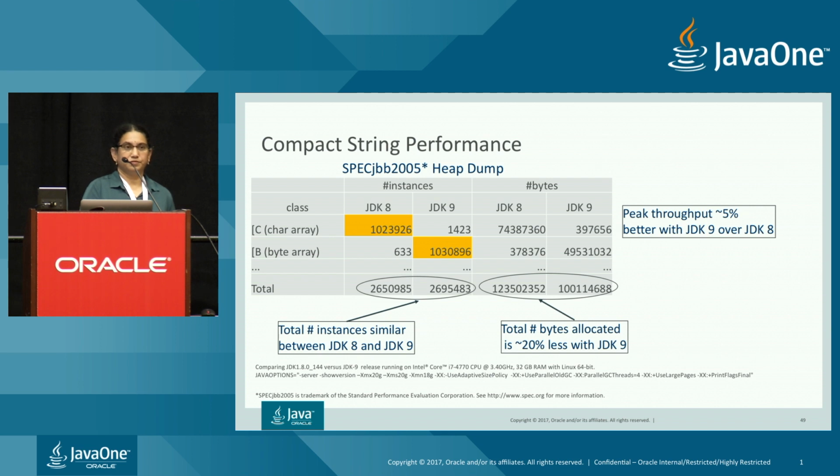The number of bytes used is reduced by 20%. And if you look at the highlighted portion, which shows the number of instances of character array and the number of instances of byte array, whatever was character array before is now byte array with JDK 9.